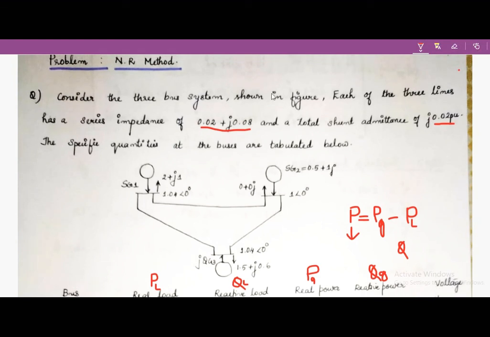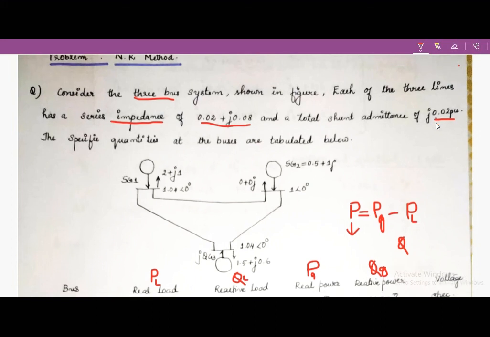It is a 3-bus system, and each of the 3 lines has a series impedance of 0.02 plus j0.08. Remember, impedance is given rather than admittance. Also, a shunt admittance is given. We will see what this shunt admittance is.